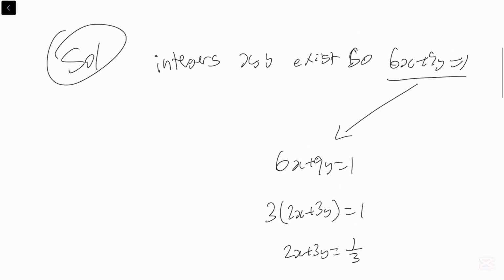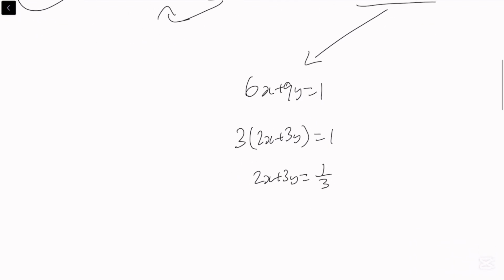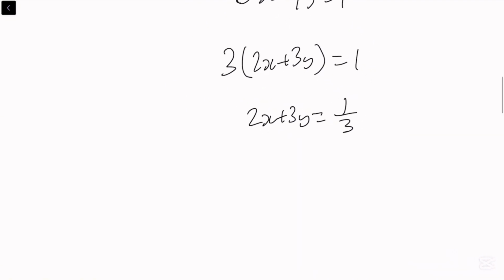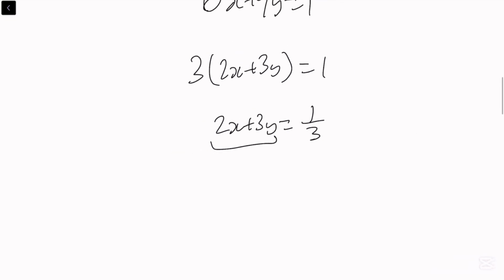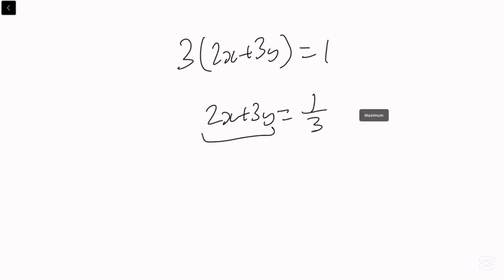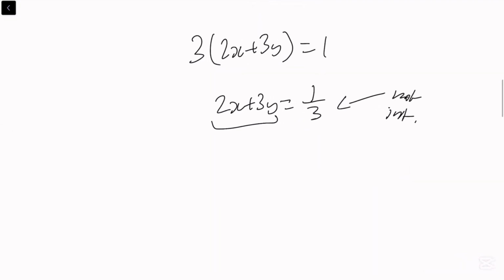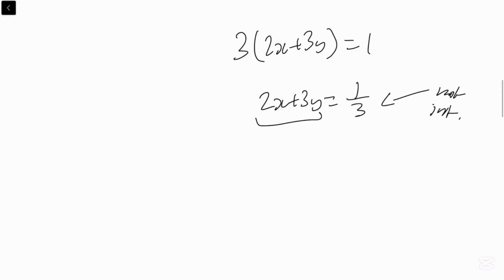Now, since we said that these x and y are integers, they have to be whole numbers. They cannot be decimals or irrationals. And so because this sum is equal to a fraction, it is not actually an integer. As we know, if we have two integers that are being multiplied by other integers and added up, they cannot produce a non-integer.